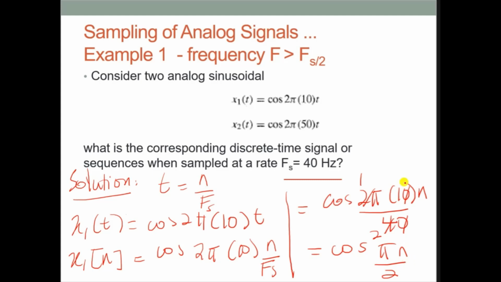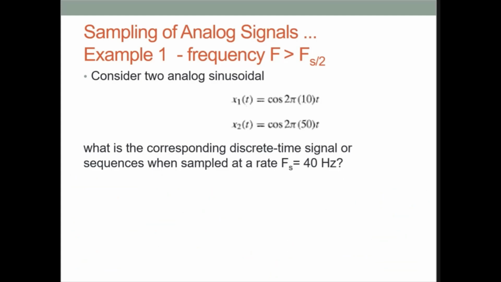Now we try to convert x2(t), the same method. So we write the solution t equals n over fs. When you are answering questions in the test or exam, I am expecting that you will answer in the same or a similar way.